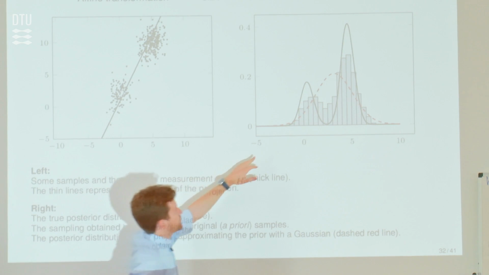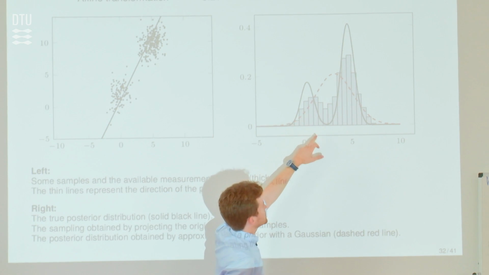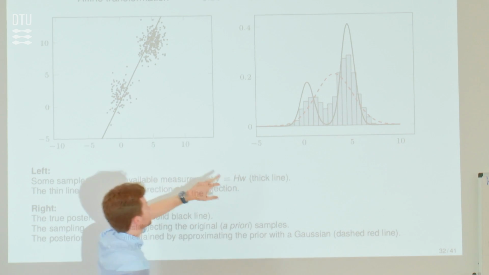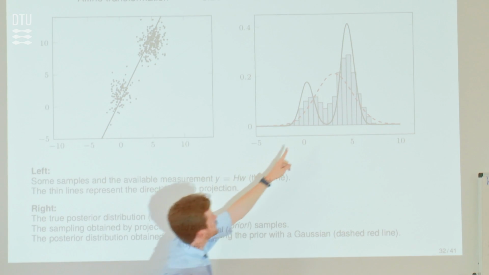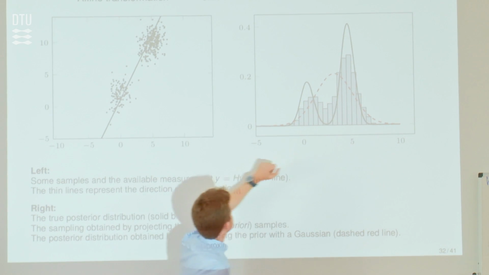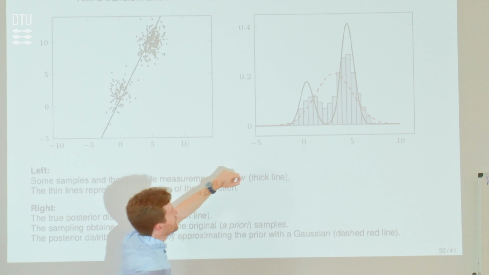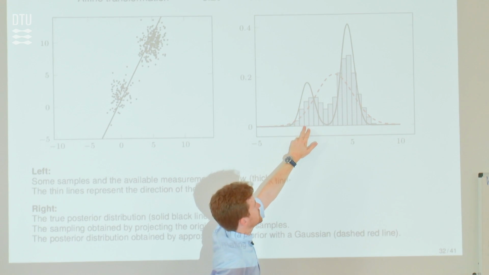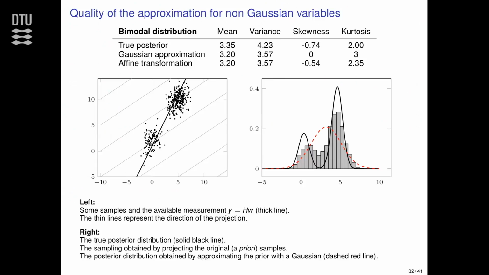Well, here you can see the difference. The black line is the correct probability distribution. You see there is a peak here when this crosses the first cloud, and there's another peak when it crosses the second cloud. And the histogram is the result of my projection. It's not exact, but it's better than other things. It's better than, for example, what we have seen in exercise 1, assuming everything is Gaussian and then computing the conditional probability, which is the red one.